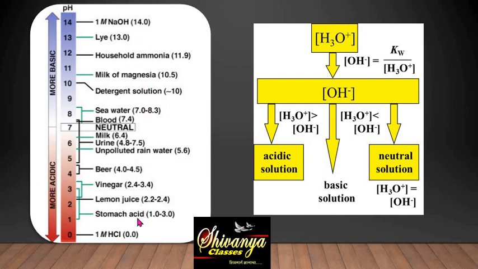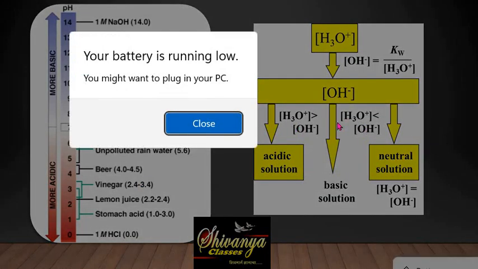Here are also a few examples representing their pH. In this chart, for H3O plus and OH minus ion, when the concentration of H plus is greater than OH, the solution becomes acidic. When the concentration of OH is more than H3O, the solution becomes basic, and when the concentrations of H plus and OH are equal, the solution becomes neutral.